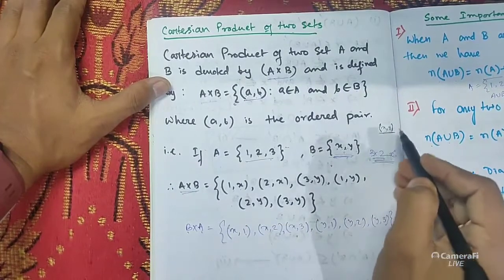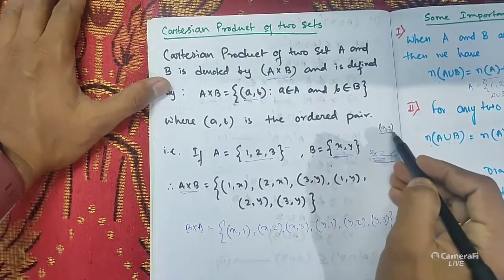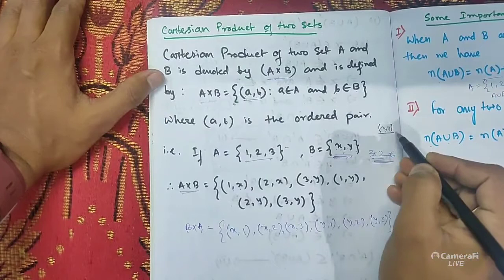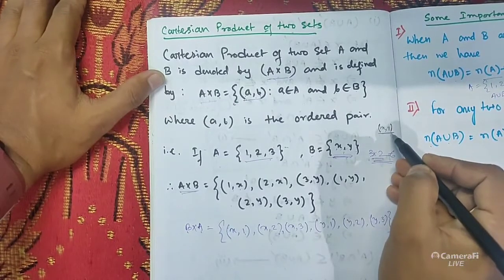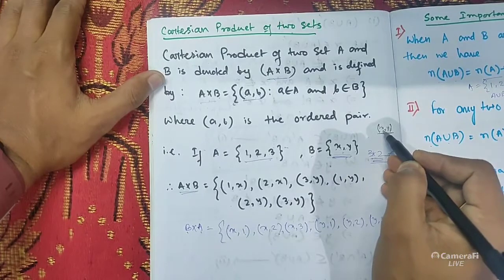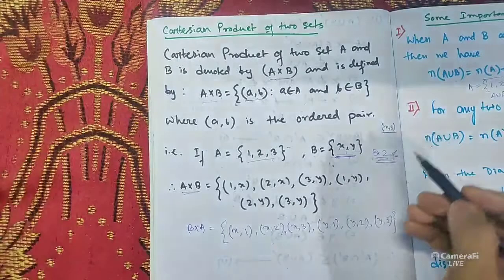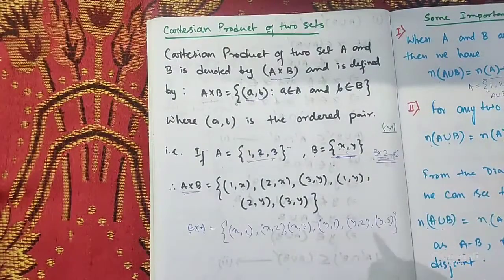Now here we say that x comma y is the ordered pair. So what is the ordered pair? Ordered pair we will take like a coordinate point, where the first element always comes from the first set and the second element comes from the second set.